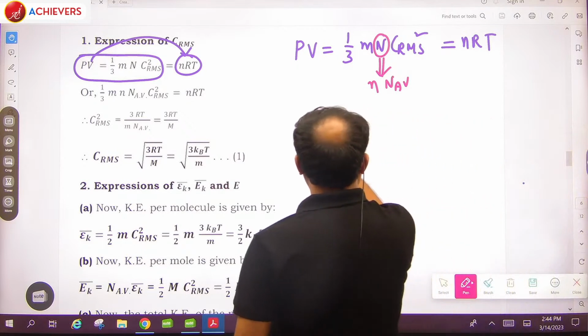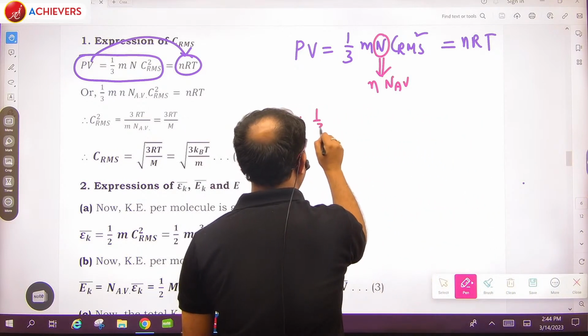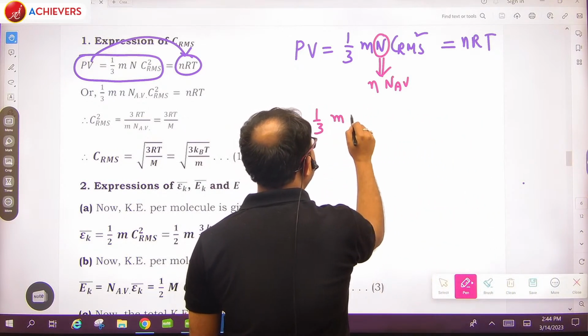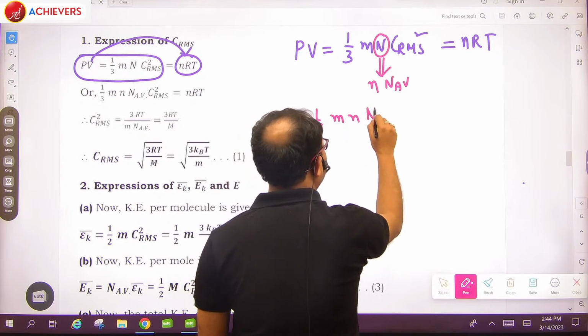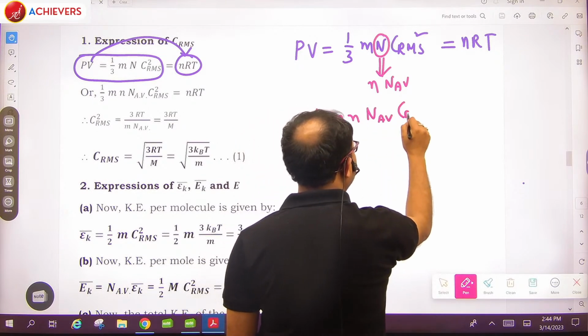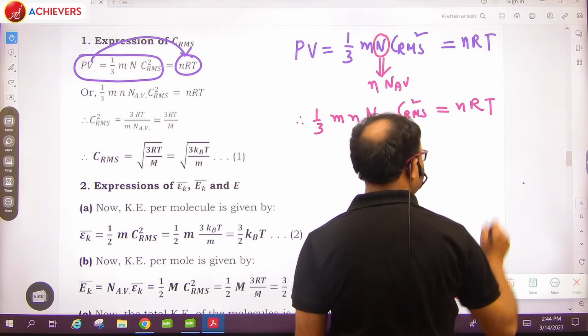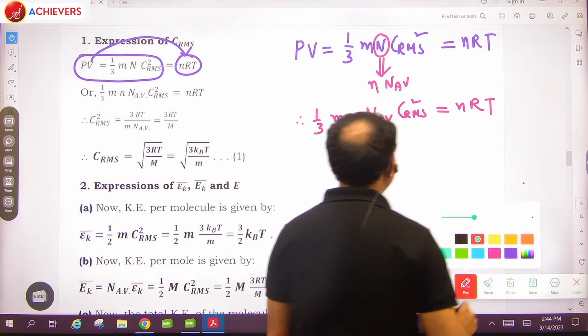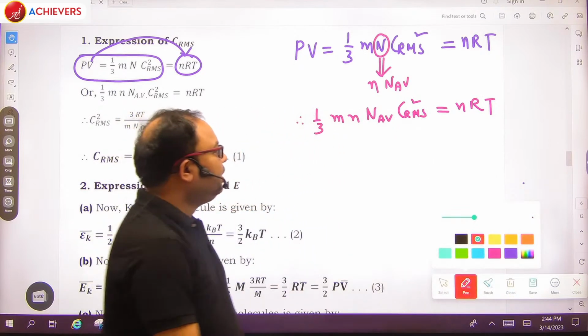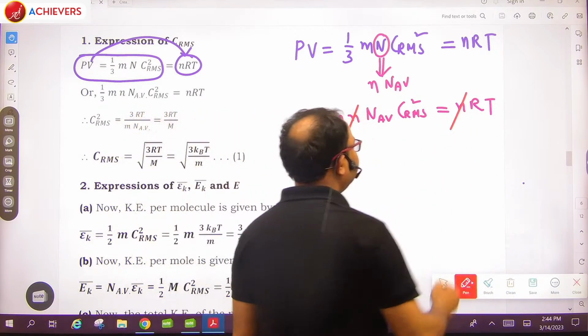So if we do that, then it becomes 1/3 M n Avogadro CRMS square, that is equal to nRT. So what next? You just cancel this n.